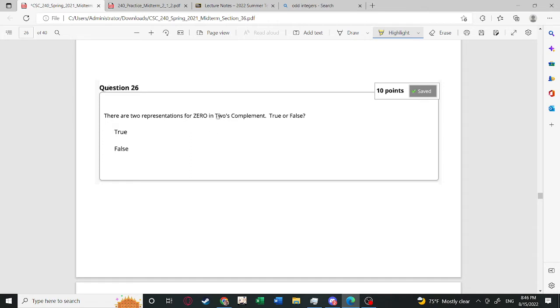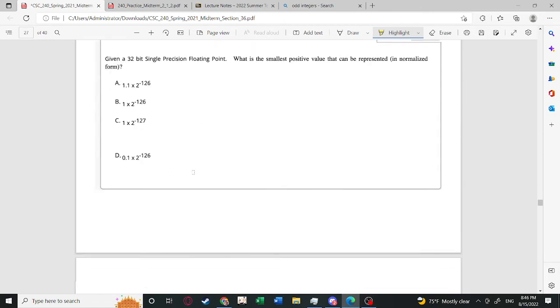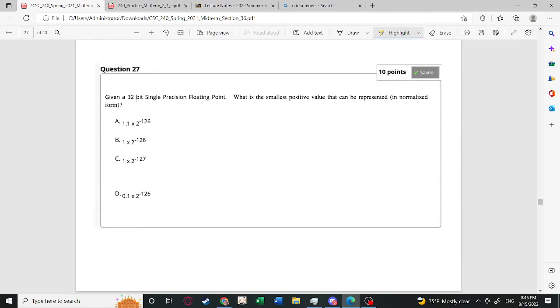Okay, in 2's complement, this is false. Given a 32-bit single precision floating point, what is the smallest positive value that can be represented? The smallest positive value in normalized form.